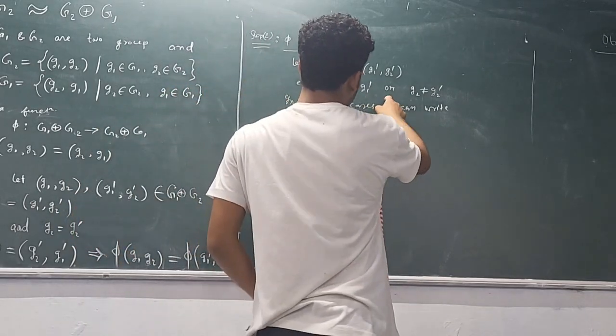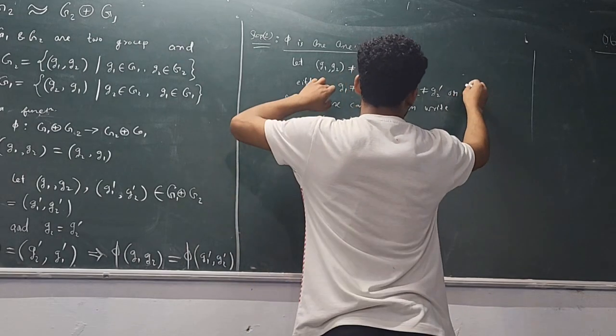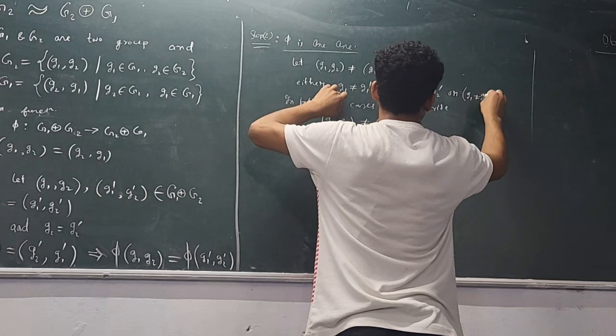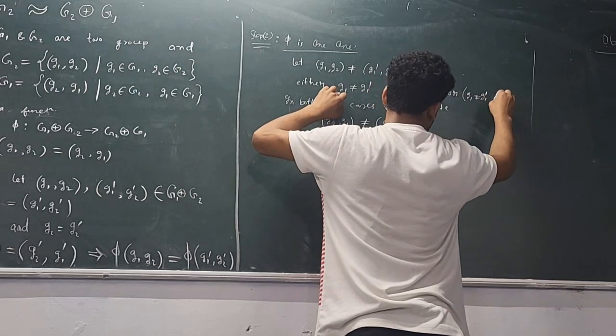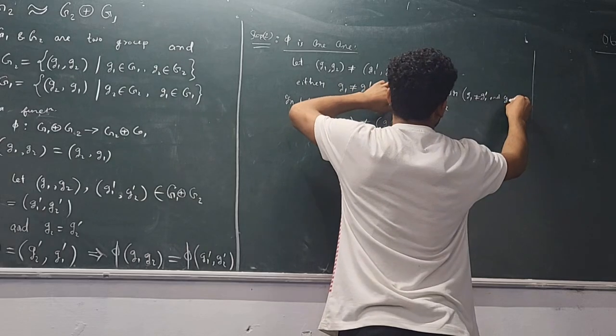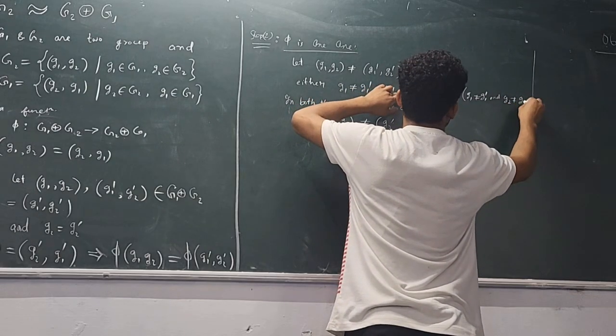And either this is not equal to this or this is not equal to this, or another condition is G1 is not equal to G1 dash and G2 is not equal to G2 dash.